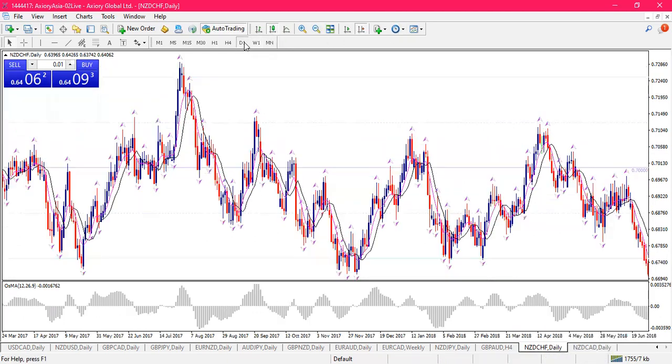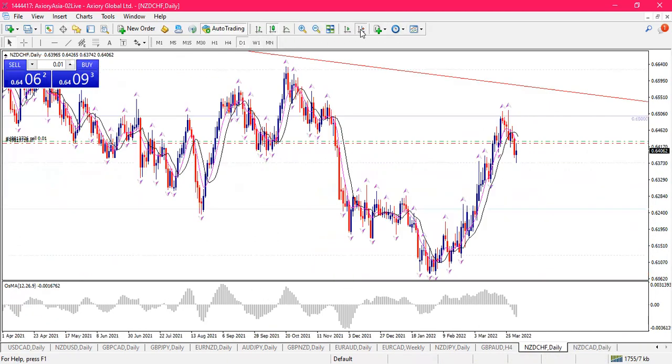Coming out to the daily candle, here we can see this nice rejection candle. There's a lot of price action that led right in here, which was what tempted me to take a sell trade here, because price was already trading below the moving average, having rejected the 0.65 area.